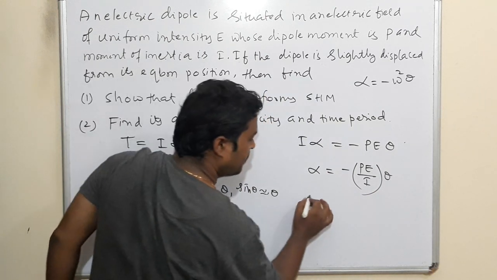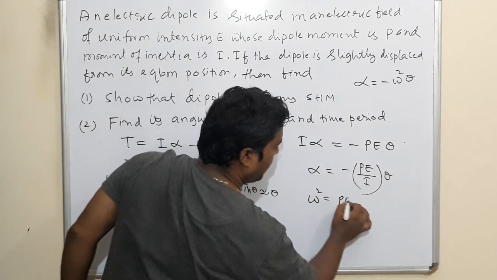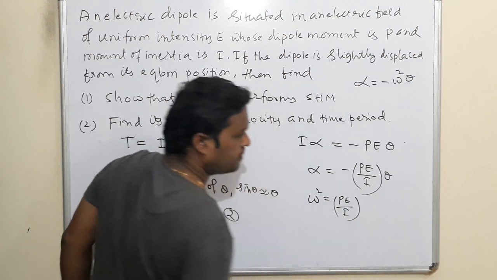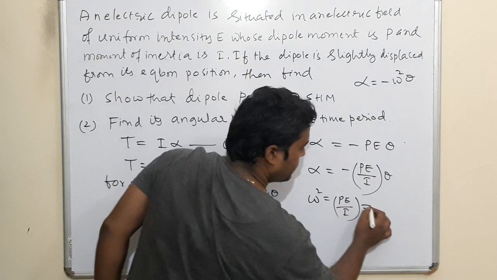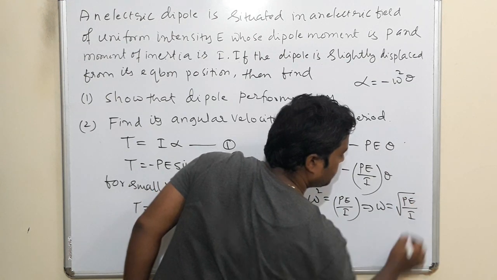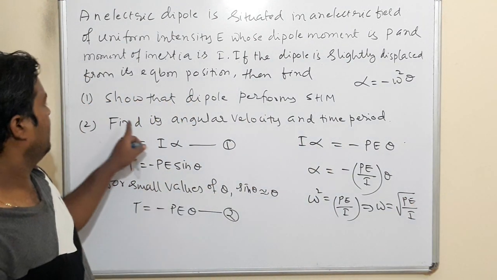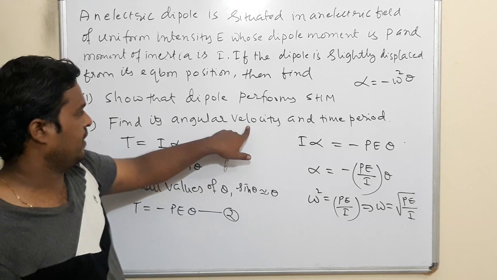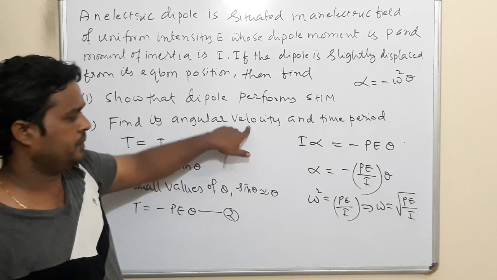P E by I. Then omega square is equal to P E by I. Then I can write omega is equal to root of P E by I. This is very simple. I have calculated the angular velocity of this dipole.